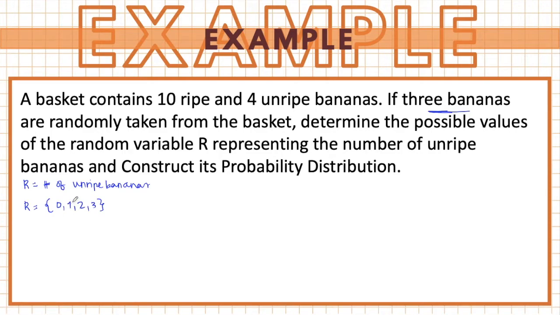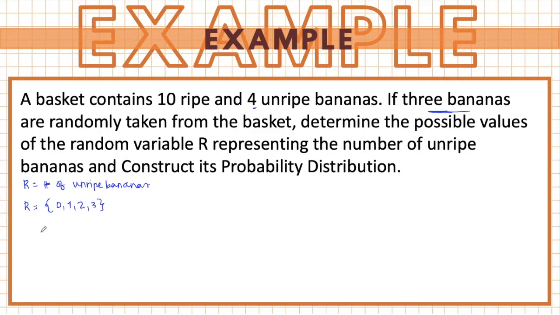It is also possible that we get 1, and it is also possible that we get 2, and it is possible that we get 3. Lahat ng makukuhang bananas ay 3 unripe bananas. So, it is possible because there are 4 unripe bananas in the basket. Okay? So, these are the values of random variable r.